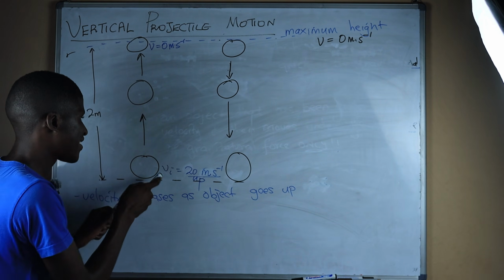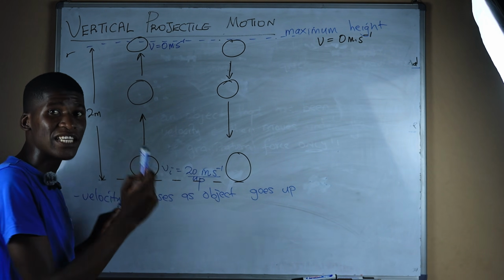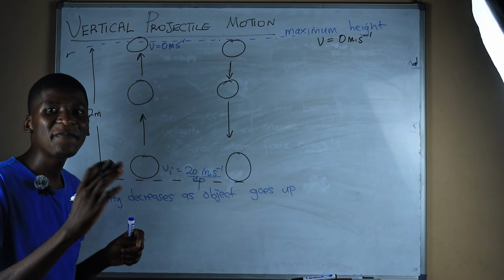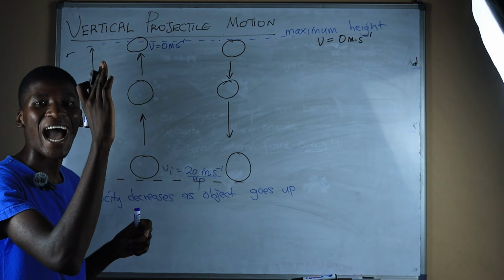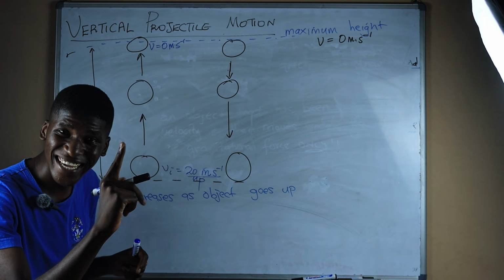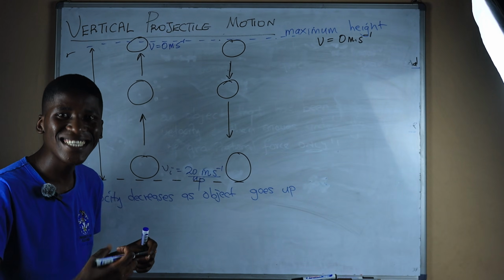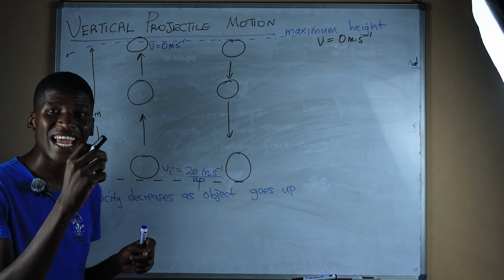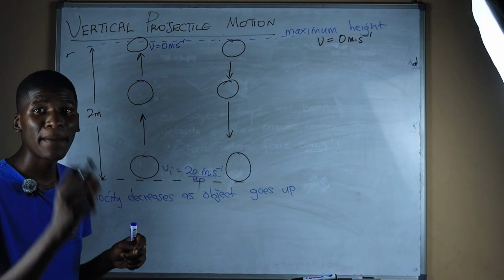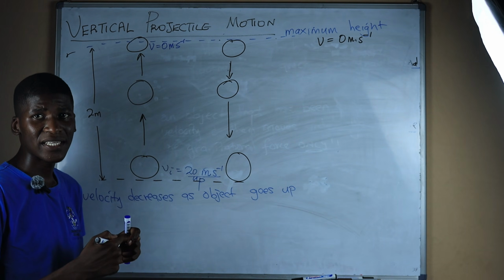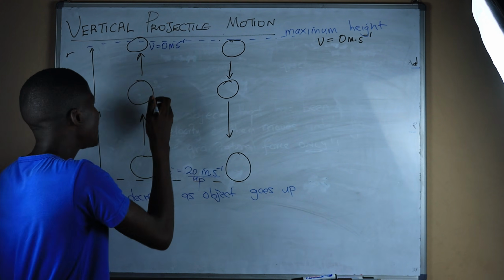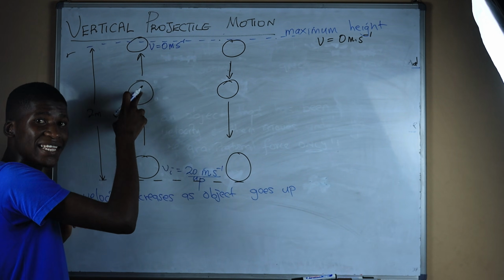So let's just say it started with 20 meters per second. It was going up, right? So after 1 second, as it is going up, its velocity will decrease by 9.8 meters per second.